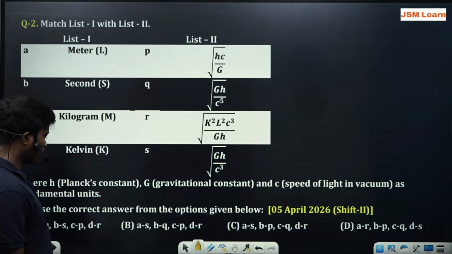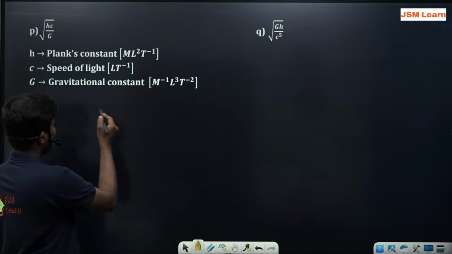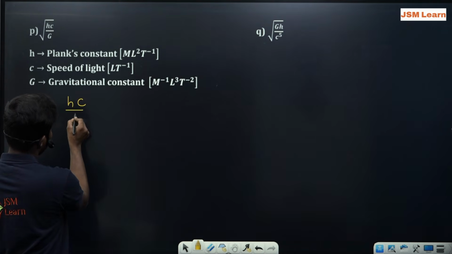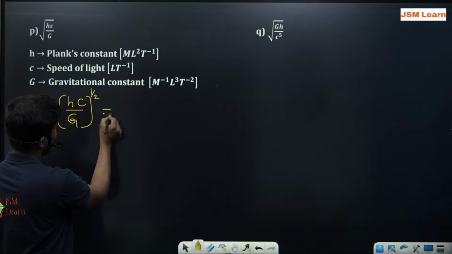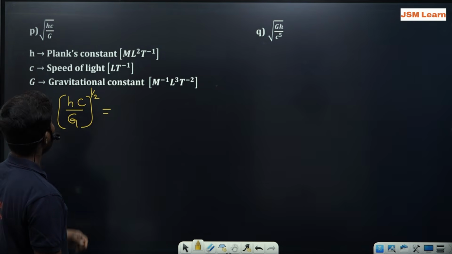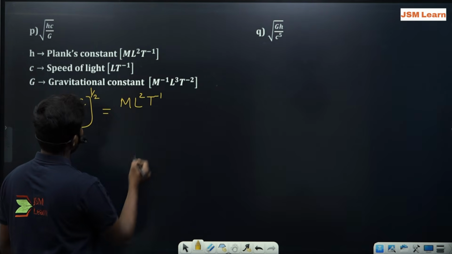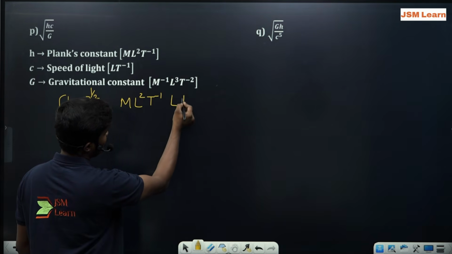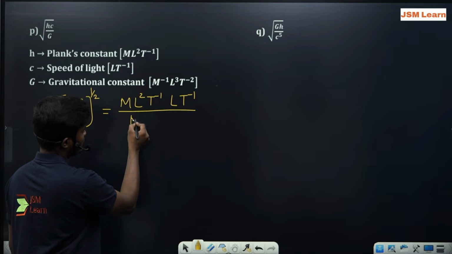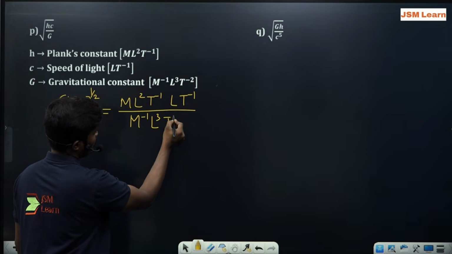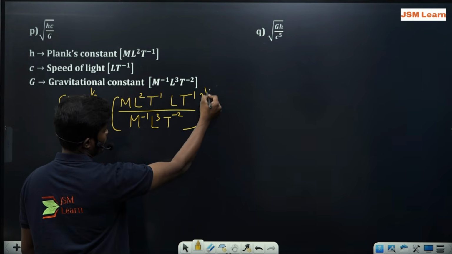So for this we have to solve the first option P, HC by G. So we can write (HC by G) whole to the power of, it is under root, so we can write power 1 by 2, which is equal to, H is the dimensional formula for Planck constant, so M L^2 T^-1, and C is speed of light, so L T^-1, and in the denominator G, so M^-1 L^3 T^-2, because this is the gravitational constant, so whole to the power of 1 by 2.